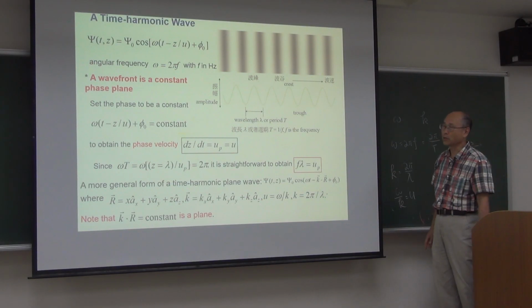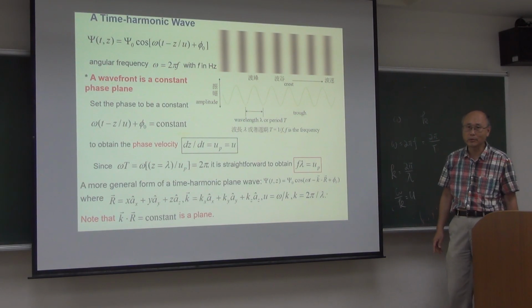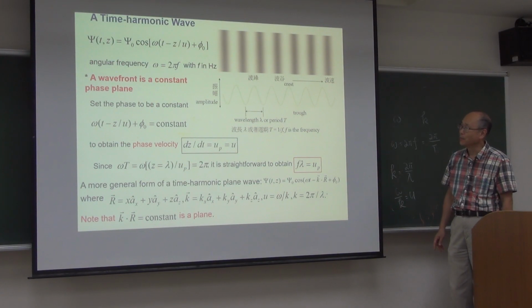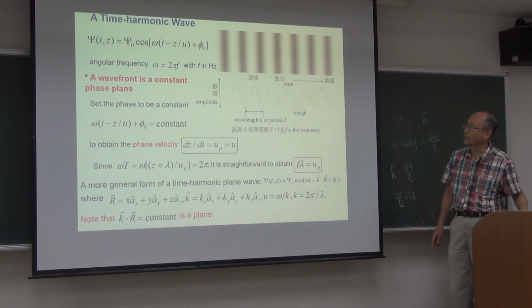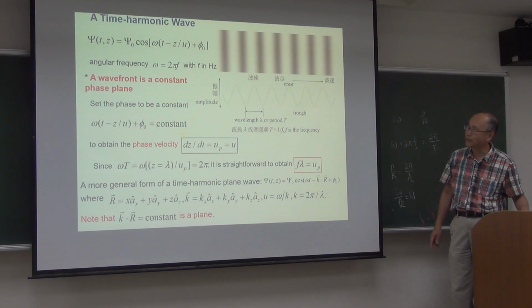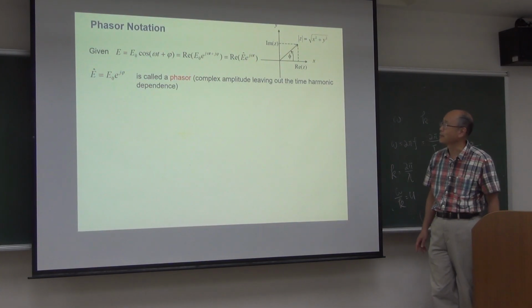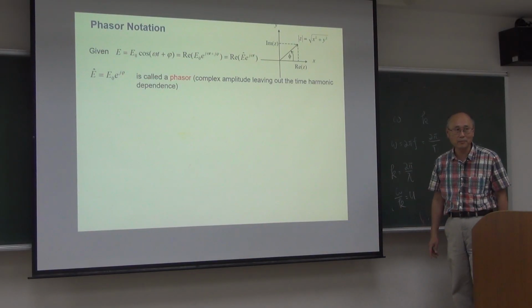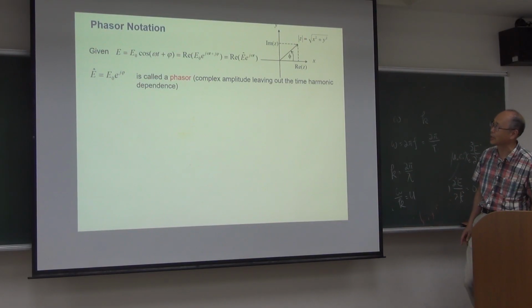Okay, so this is some quick review of the basic concept of the electromagnetic wave. But this is the basic understanding about a wave. Then we want to create some mathematical skills for doing calculation.